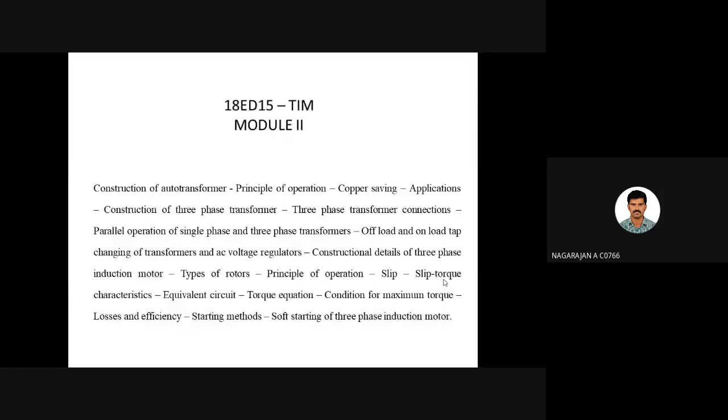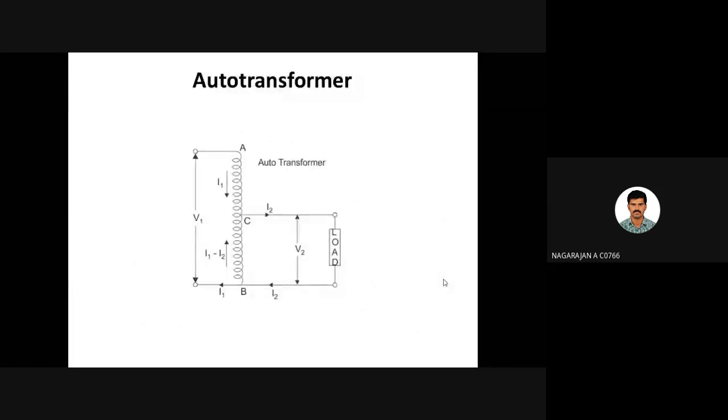So in the last class, we started construction of auto transformer, and I just gave you the brief introduction about its working principle. And we will continue the same from the beginning of it.